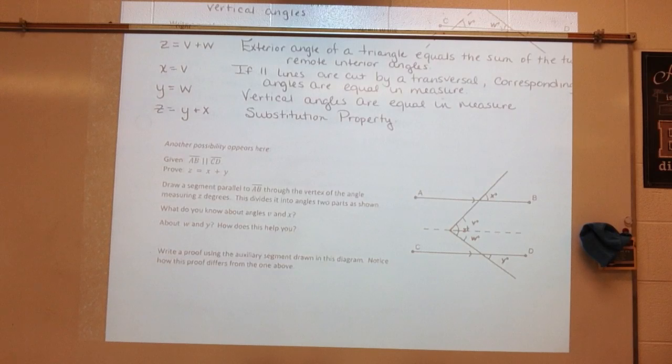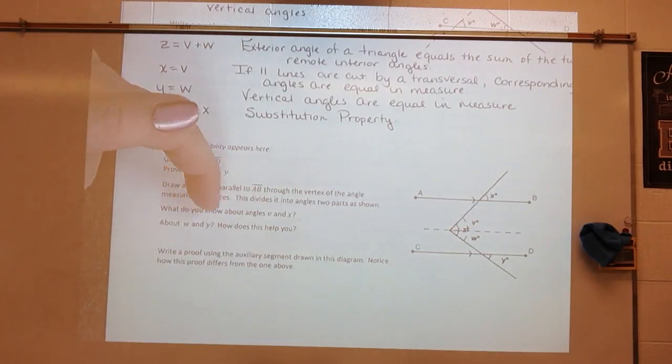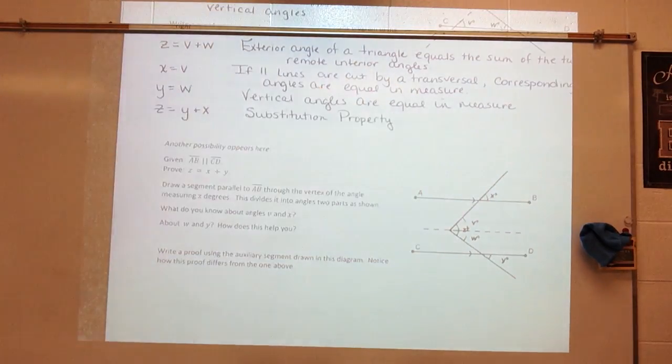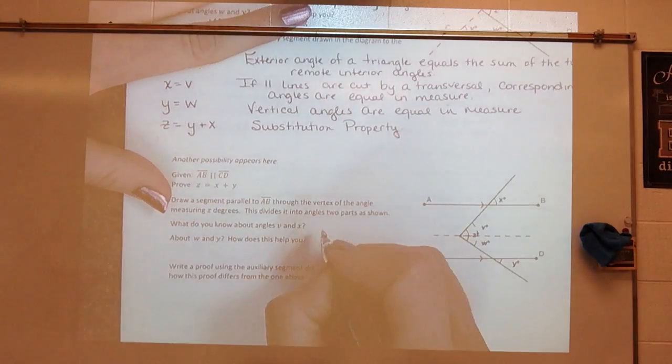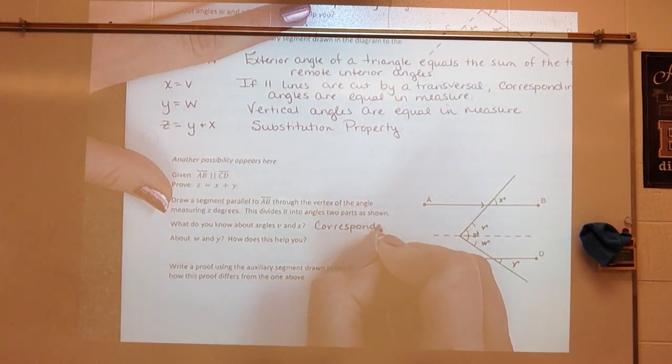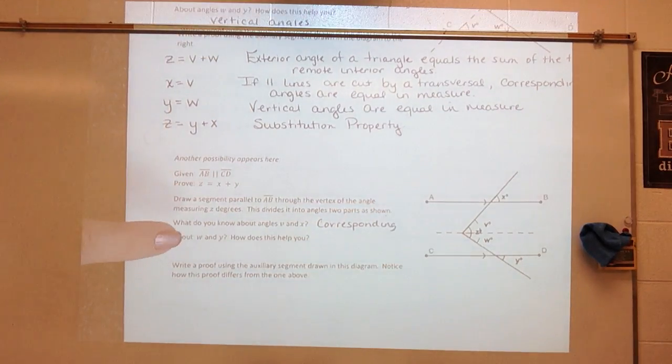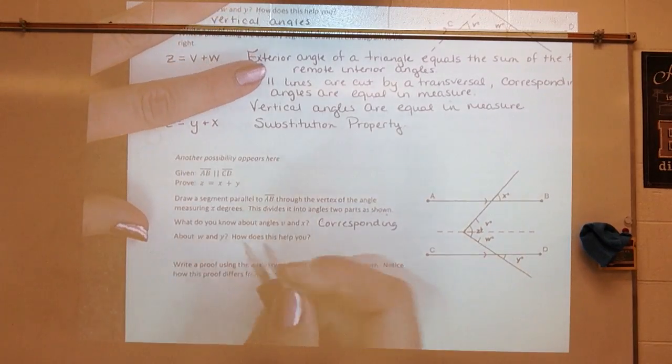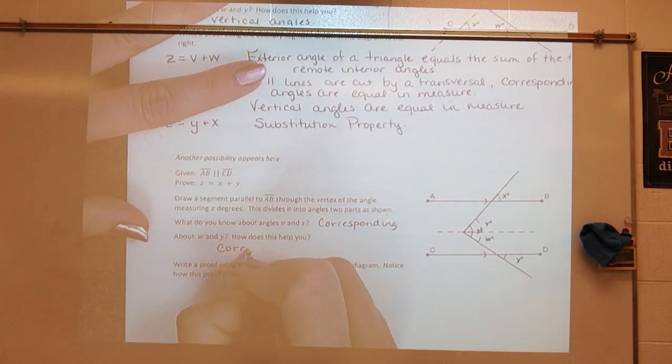So once again, first thing, we're going to start off with, what do I know about V and X? They're corresponding angles. And what do you know about W and Y? They're also equal in measure. They are corresponding angles.